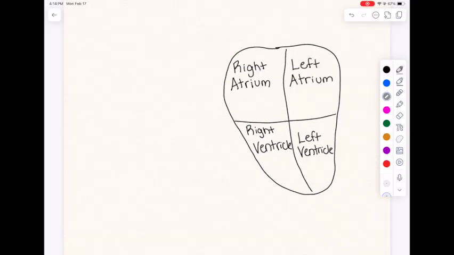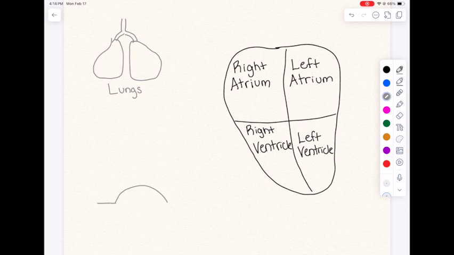Off to the side, I'm going to draw 2 additional structures. A set of lungs, and I'm going to draw a capillary bed. I'm going to try to make a vascular shunt look kind of obvious.